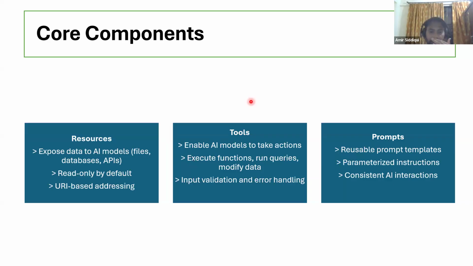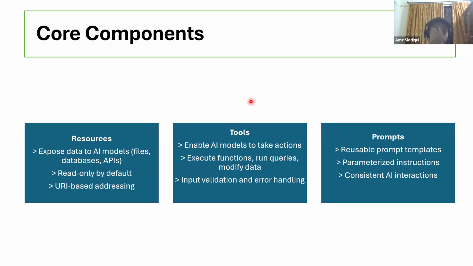Tools are nothing but functions. You can write some custom user-defined functions. For example, if you want to add two numbers, you can define a function add. If you want to multiply two numbers, you can define a function multiply, and that will be known as a tool. These are just basic examples, but in real-world scenarios, you have complex functions that you write to do the task, and they are known as tools.